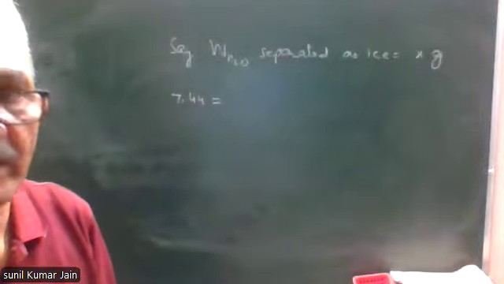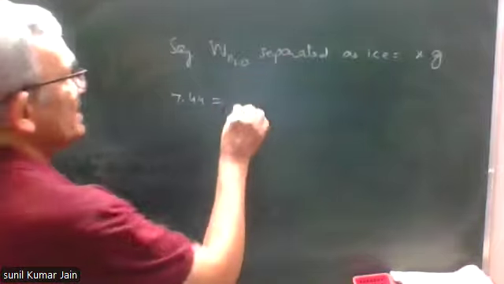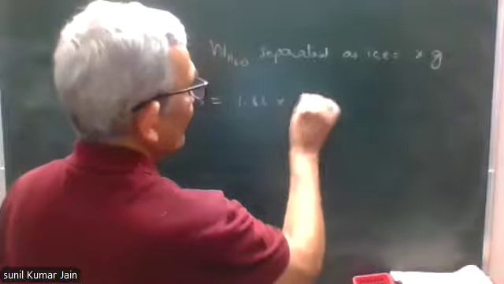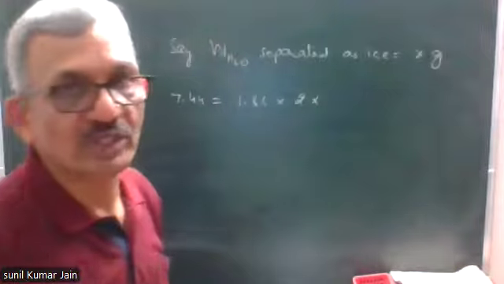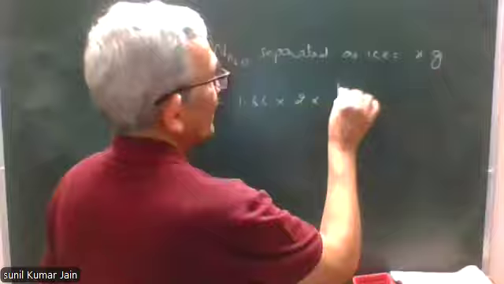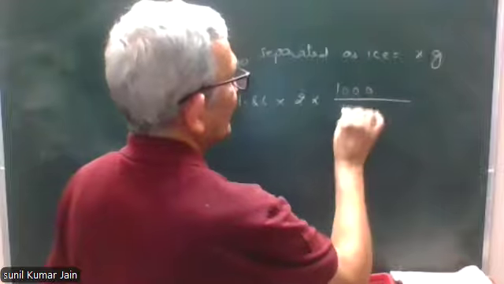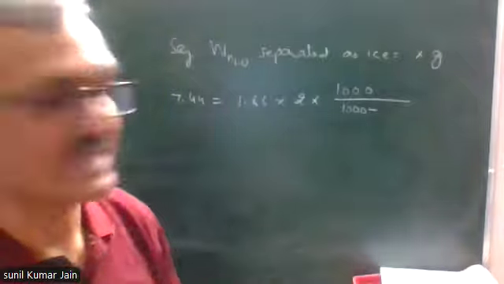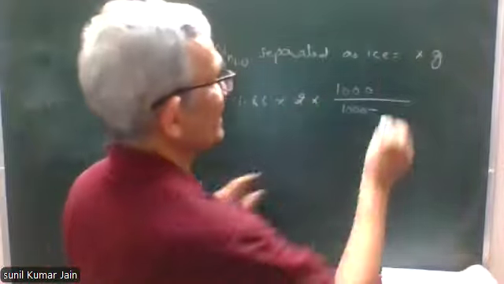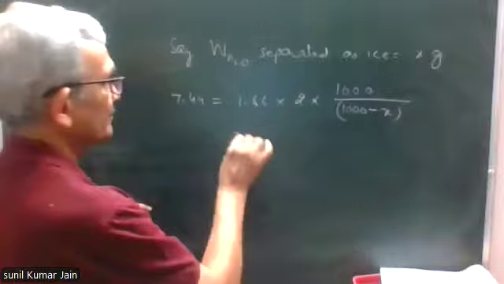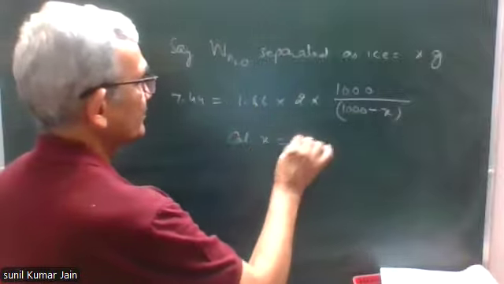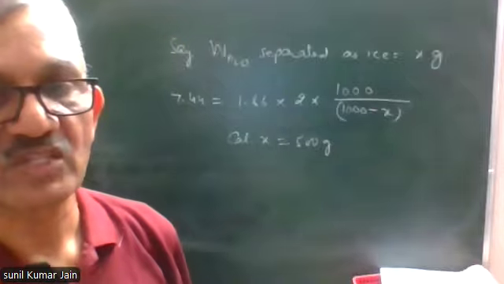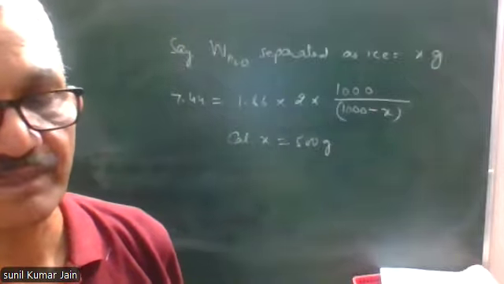Basically, I want a depression of 7.44, which is equal to 1.86 into 2 into 1000 divided by the weight of solvent. Now, the weight of solvent will decrease. It will be 1000 minus X. If you calculate X, this will come out to 500 grams.